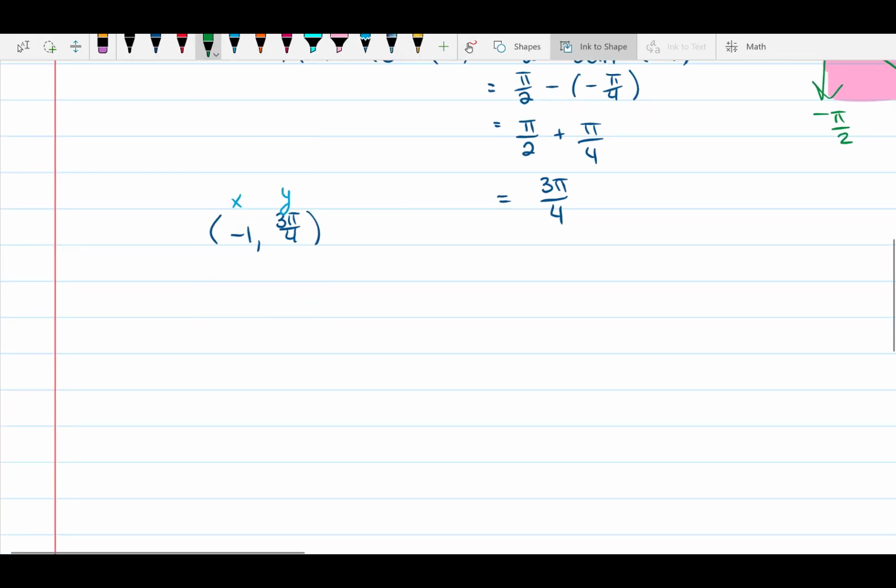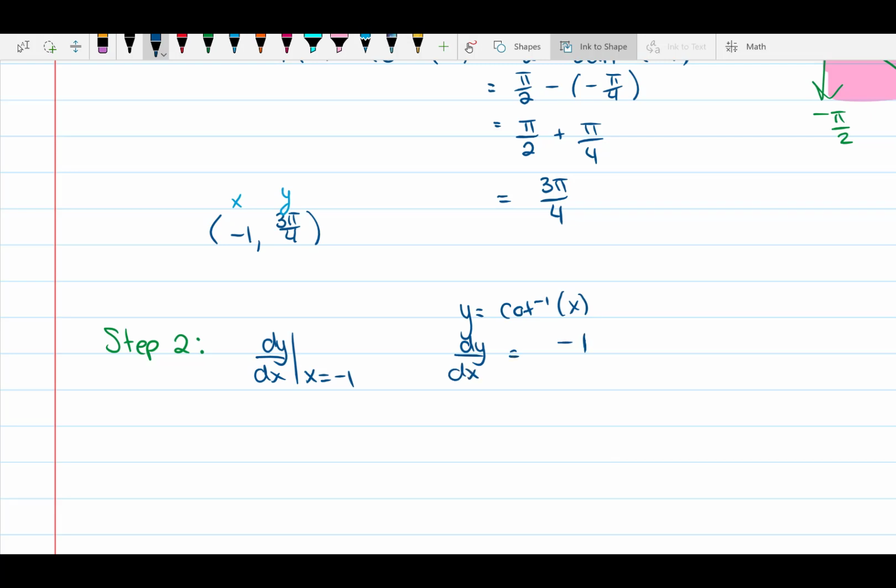All right, step 2. Step 2 is the derivative to find the slope. We want to find dy dx at x equals -1. So y is equal to cotangent inverse of x, so dy dx is equal to -1 over 1 plus x squared.